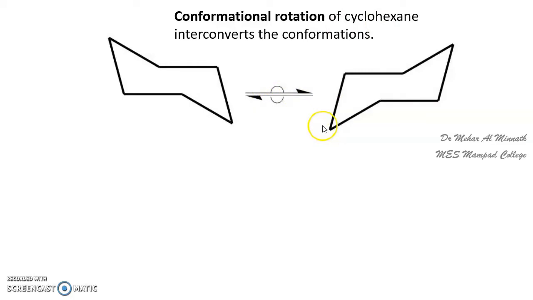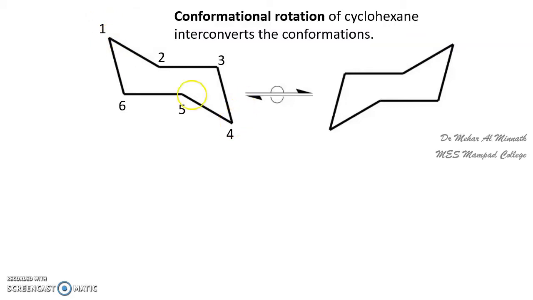Now coming back to ring flipping. We said that one chair conformation flips to form another chair conformation. Earlier this carbon was on top, above the plane, and if we number the carbon atoms 1, 2, 3, 4, 5, 6, carbon 1 was above the plane and carbon 4 was below the plane.